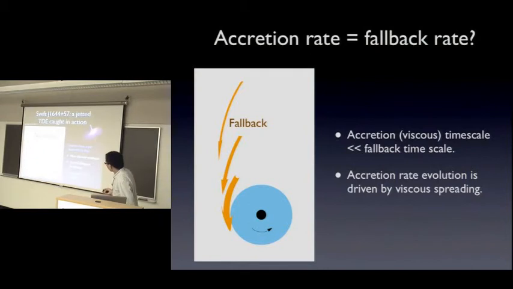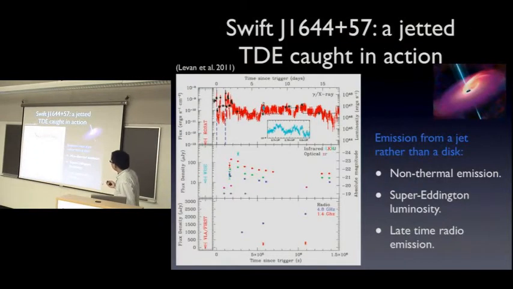Okay, for this kind of jetted TDE event, one has a better chance to model the X-ray if the emission really comes from the jet. I should mention the idea is it has a jet, and we are very lucky that our line of sight is aligned with the jet axis.